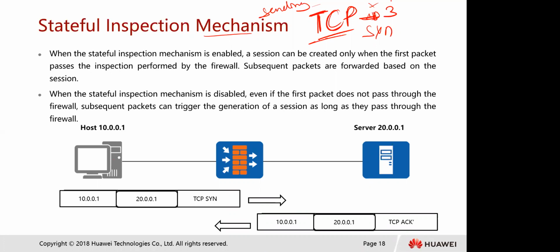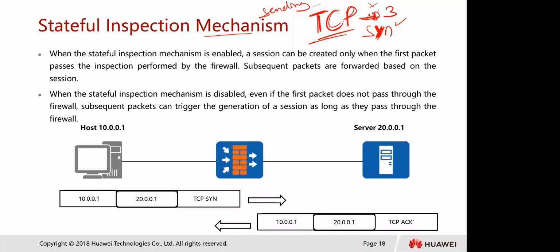So if we have enabled stateful inspection, it will go ahead if the first packet is a SYN, because we know the first packet in our TCP is a SYN packet, talking to our server, asking, boss, I want to go ahead and establish a connection. So it will create a session if the first packet is SYN and stateful inspection is enabled.